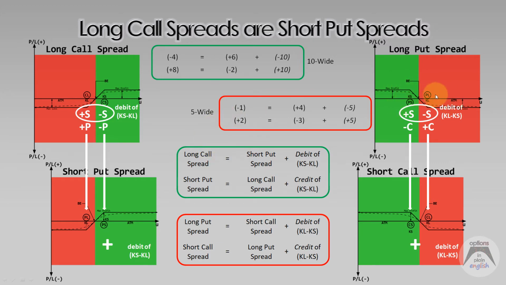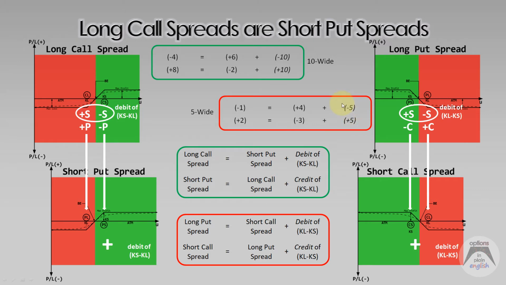So this put spread that is worth $1, you pay for it, so it's a debit to you, is going to be the same as a short call spread where you get $4 for it as a credit, plus a debit of KL minus KS, the distance between strikes.